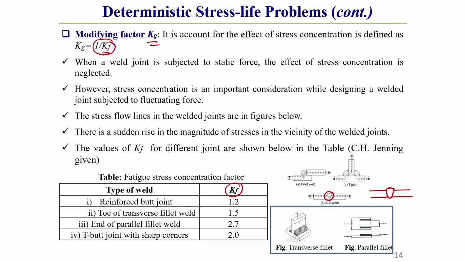On the top side above the surface of the plate there is some bead height, this is called top bead height, or you can say top reinforcement. Similarly, on the bottom side there is some extension of weld material below the surface of the bottom plate. This is called bottom reinforcement.